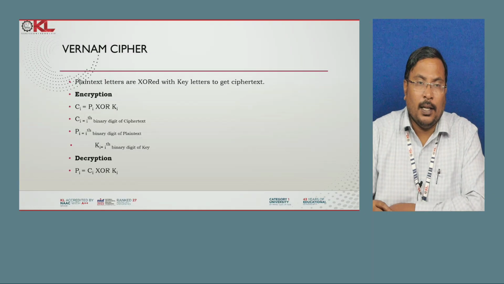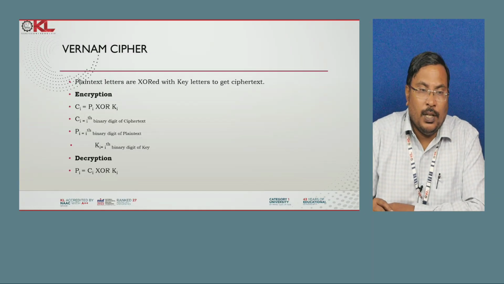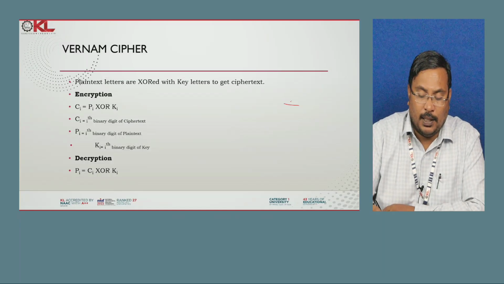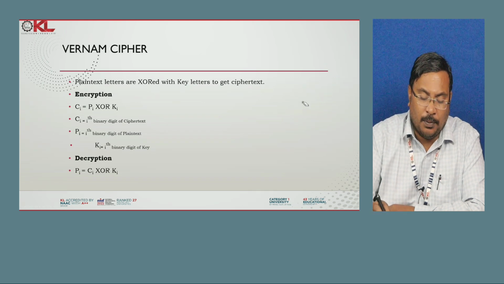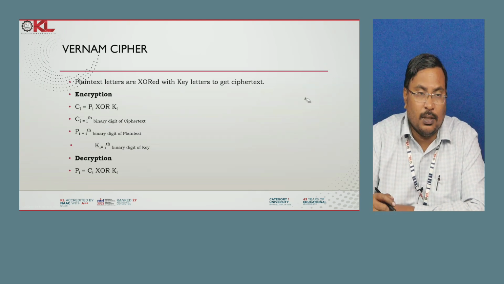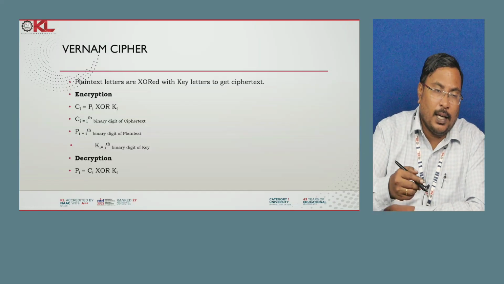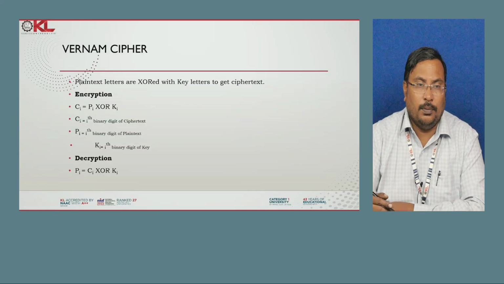For the Vernam cipher, we perform the same operation, that is the XNOR operation. If you perform the XNOR 2 times, you will get the same message. That is why the same algorithm is used for encryption and decryption, but you will get different output.